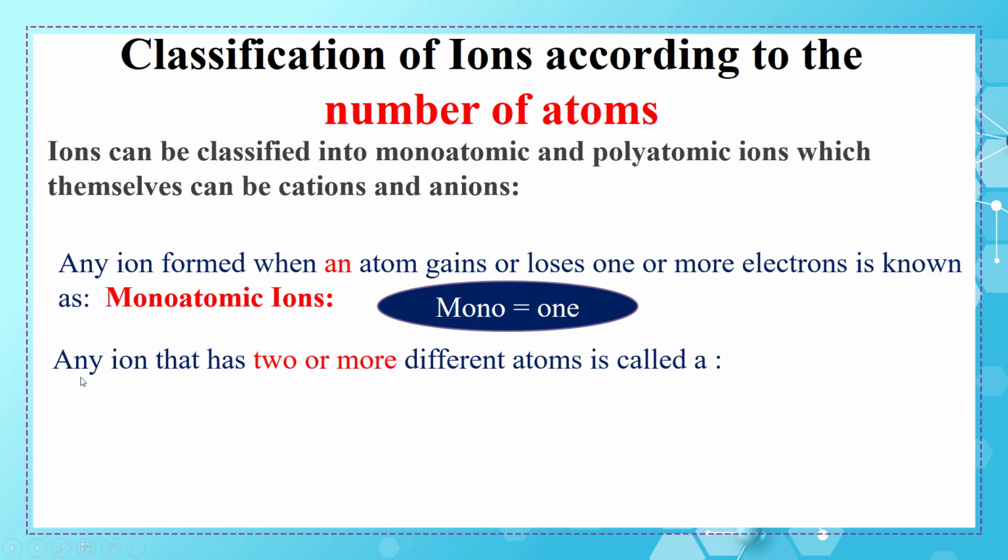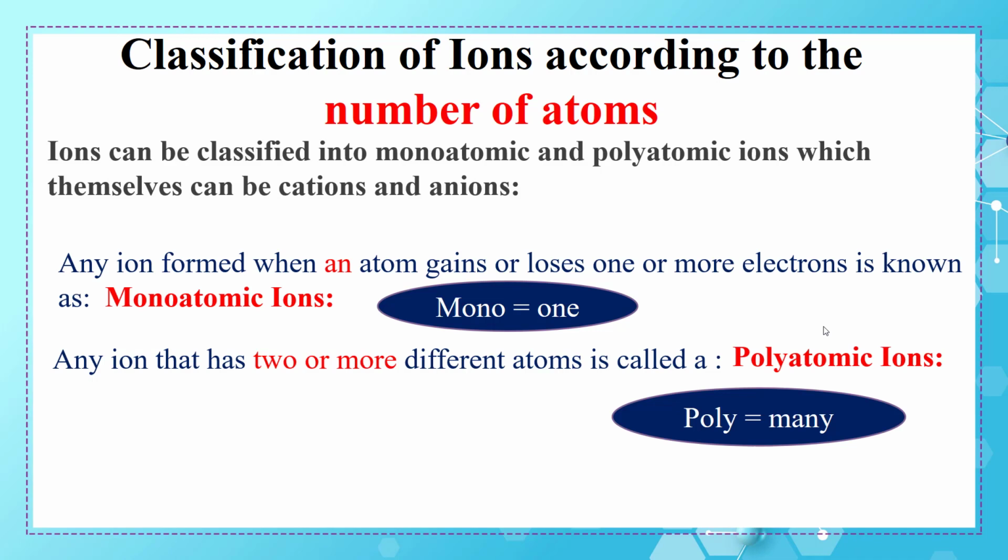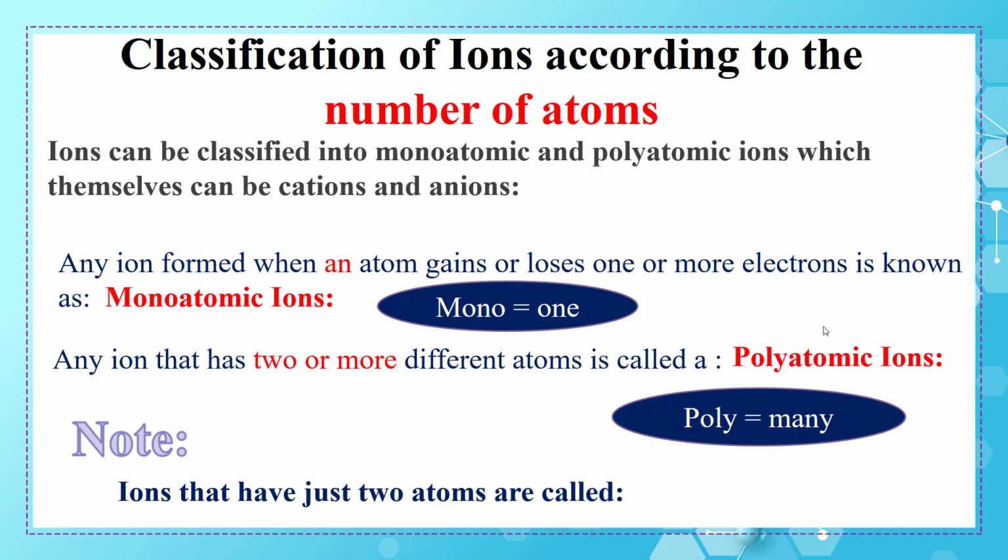Vice versa, any ion that has two or more different atoms is called a polyatomic ion. What is the meaning of poly? It means many. Take a note. What about the ion that is formed of just two atoms? It is called diatomic ions. The word di means two.